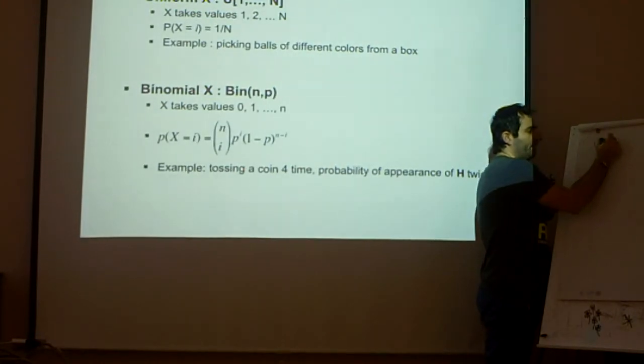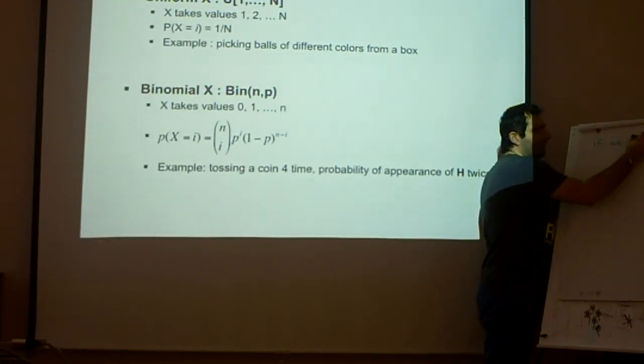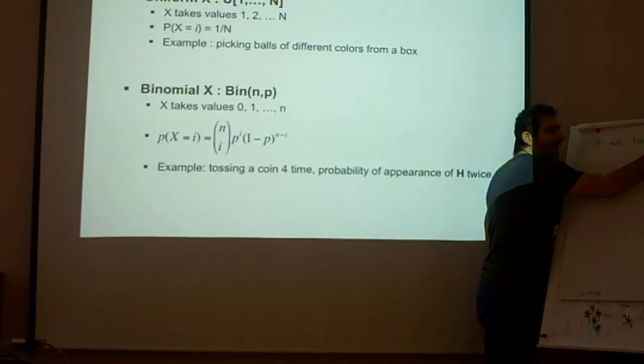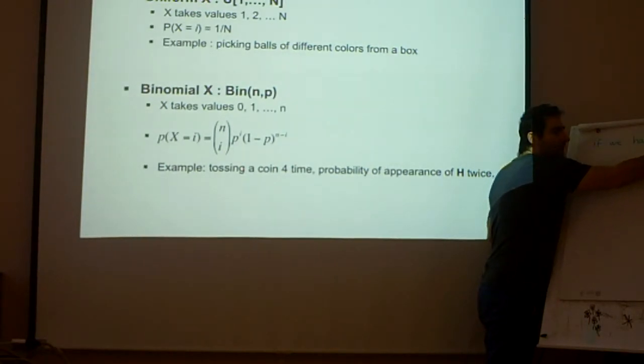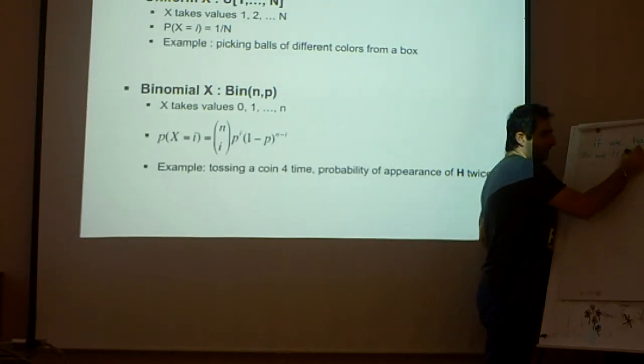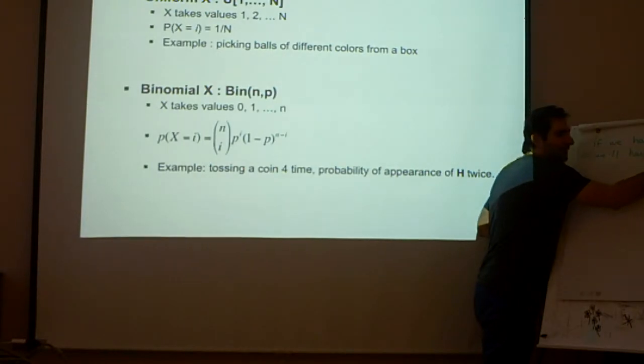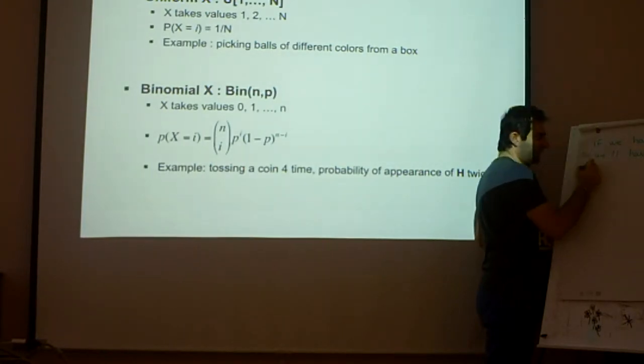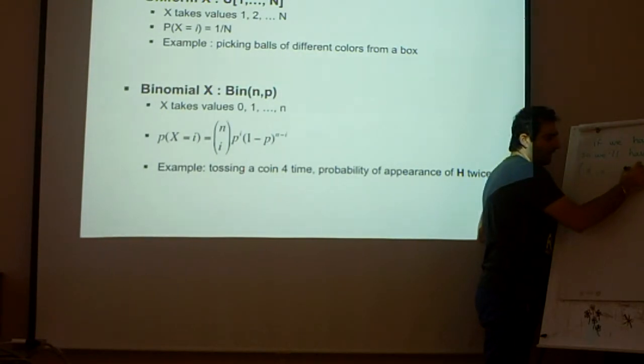So uniform distribution means that if we have n events, we will have n random variables, which we represent as x1, x2, and xn.